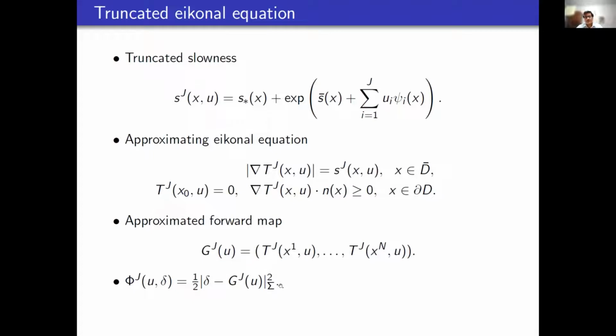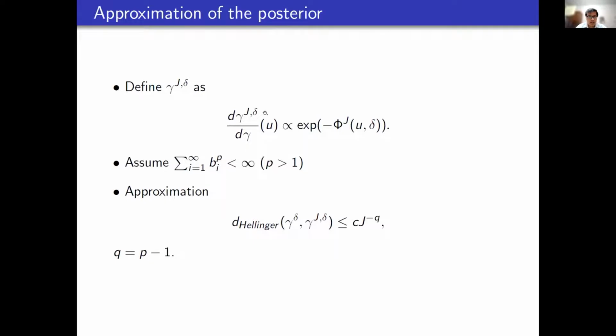Now, because we are dealing with a finite dimensional probability space, given this function phi right here, we can always define the probability measure gamma_J delta in this way. So this gamma_J delta should be a good approximation to the posterior.